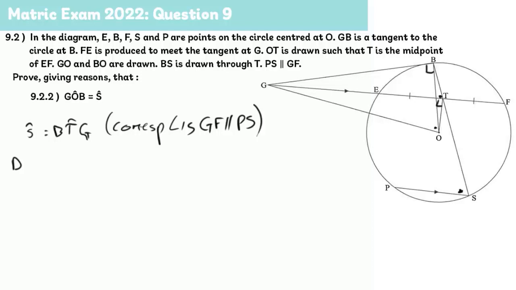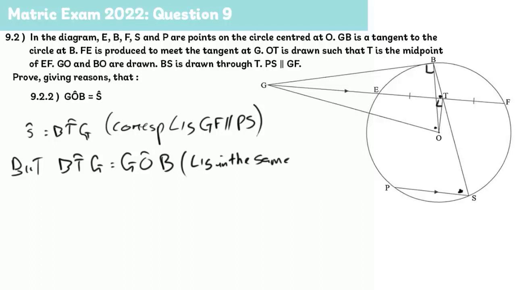But we also know that BTG equals GOB. Reason being, angles in the same segment. Therefore, GOB is equal to angle S.